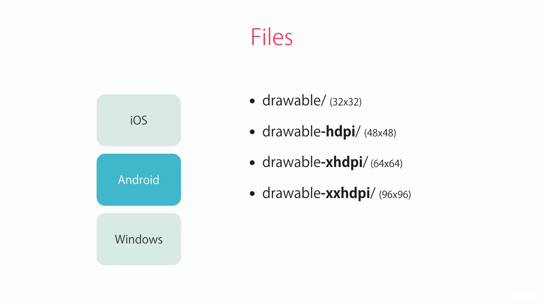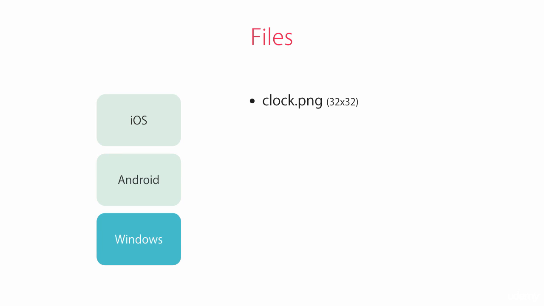In Android, we have a different convention. So we have different folder names, and all these folders start with drawable-. So here, HDPI stands for high DPI, XHDPI stands for extra high, and XXHDPI stands for extra extra high. Now with Windows, I personally am a little bit confused because the documentation is inconsistent.